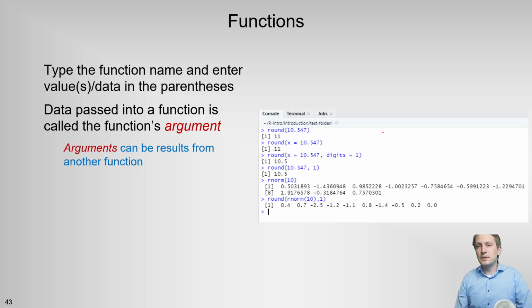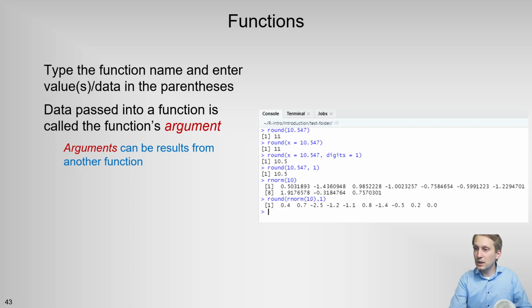Also, arguments can be the result of another function, and that's when you see functions inside function calls, inside an argument. So let's say we wanted to round random numbers from a normal distribution. Then we first run rnorm(10), which creates 10 standard normal distributed random numbers.